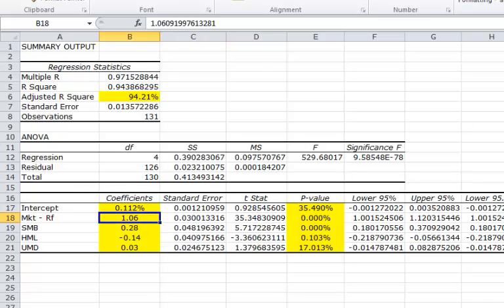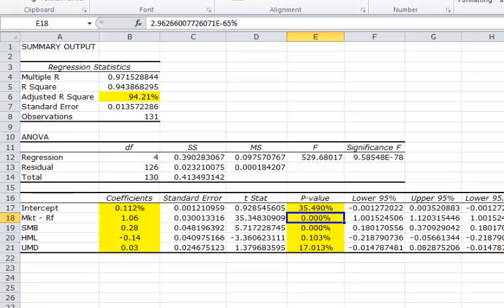So first off, this mutual fund has a beta of 1.06, which means it almost has the exact same beta as the market itself. And you can see that that 1.06 beta has a p-value of 0, which means we may not know exactly what the beta is, but it's definitely not 0, because the way to interpret it is this way.